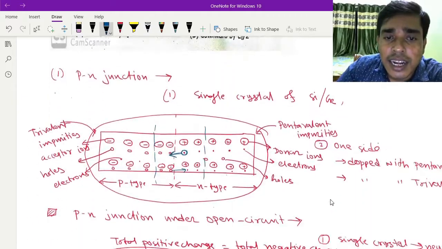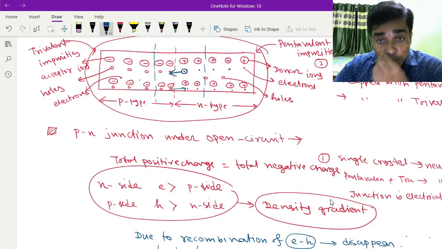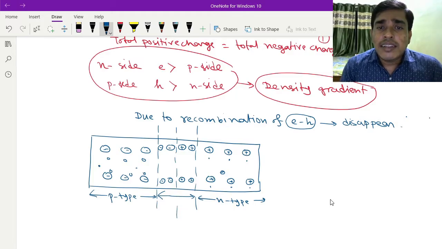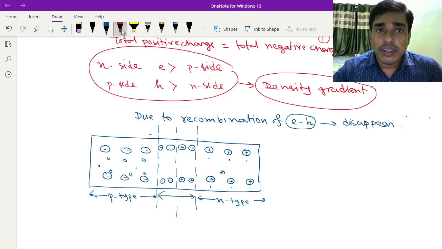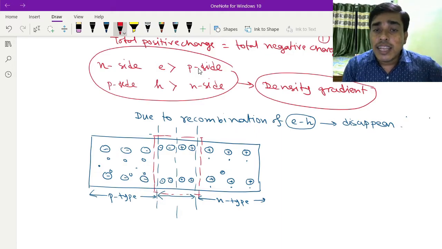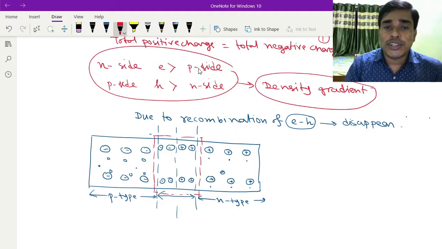Here you see that after this recombination process, there is a region across the junction where only ions are left and all the electrons and holes have disappeared due to recombination.